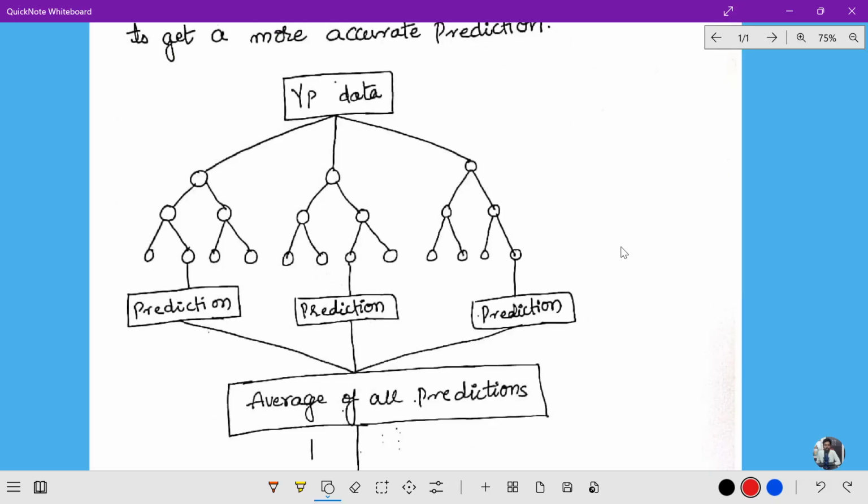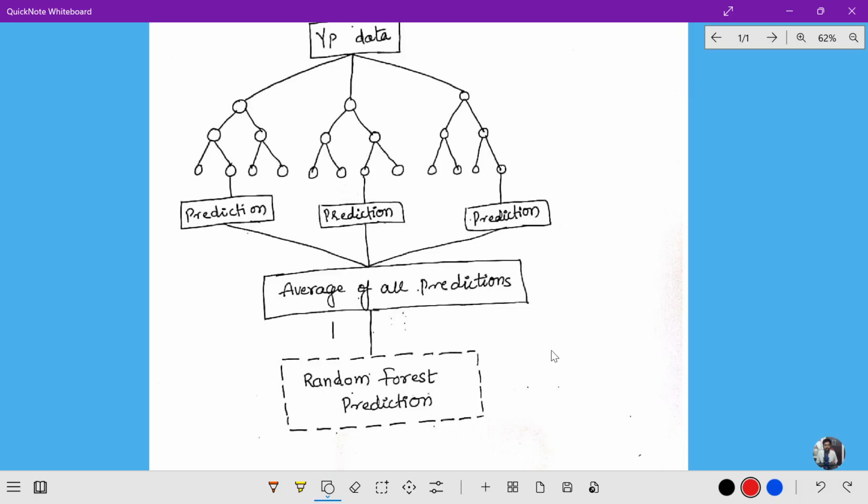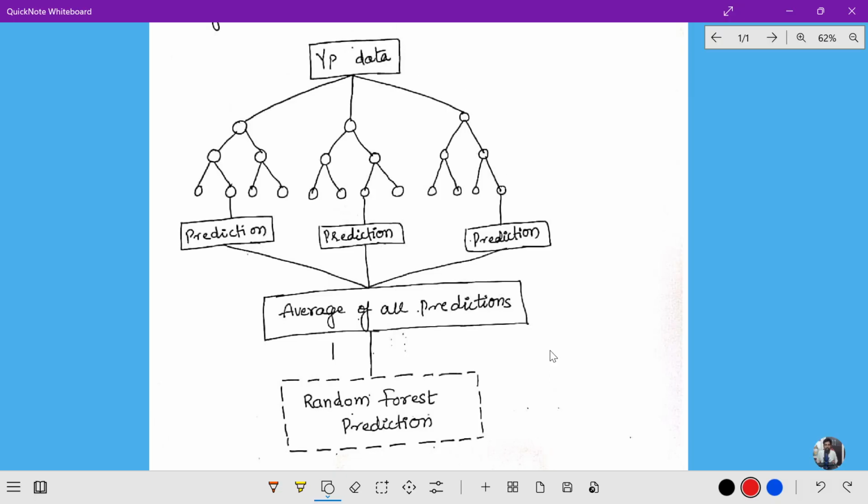You observe on the screen. This is the example related to the concept called random forest. Actually this is a diagram related to random forest. We have given some input data on the screen. After the data is given, it is divided among some decision trees.